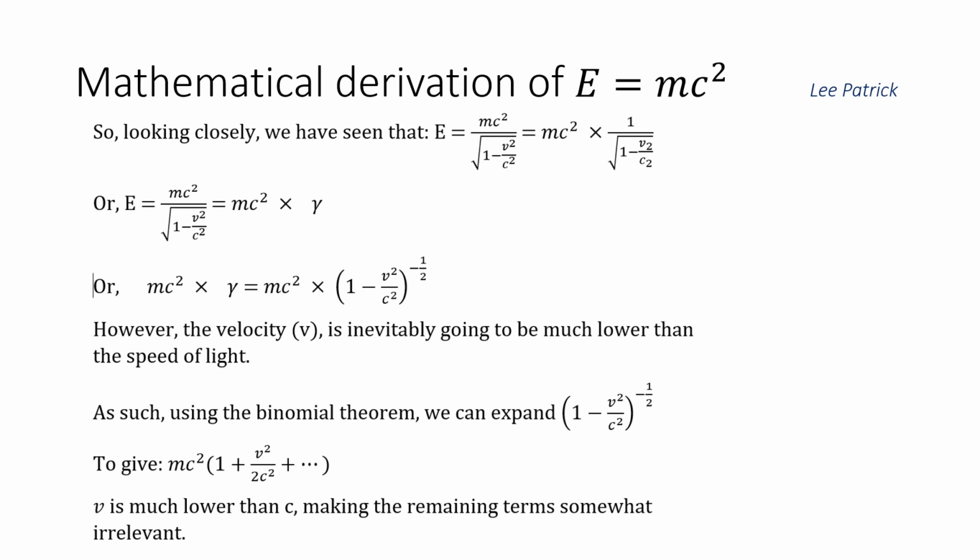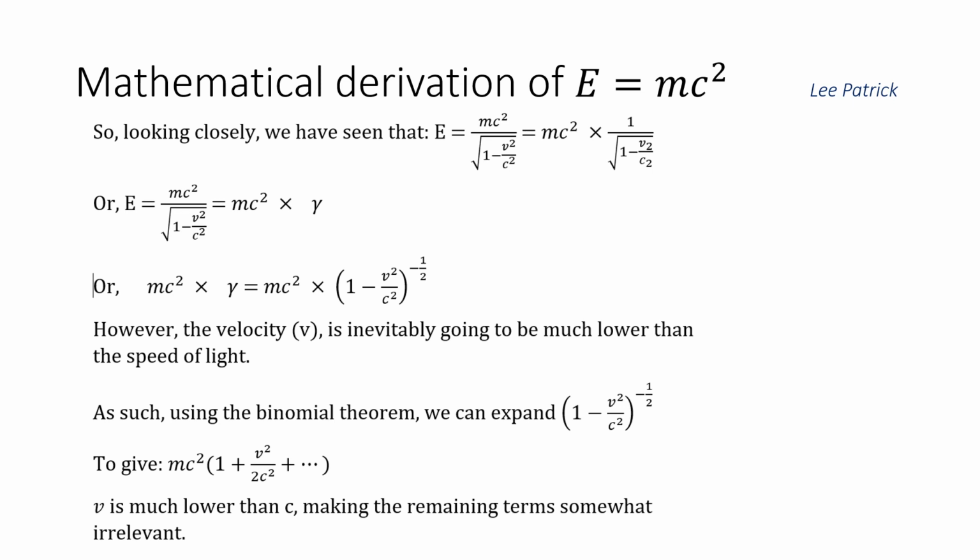So, looking closely, we have seen that E equals mc squared over the square root of 1 minus v squared over c squared, which equals mc squared times 1 over the square root of 1 minus v squared over c squared, which is equal to mc squared times gamma, or mc squared times (1 minus v squared over c squared) to the power of minus a half.